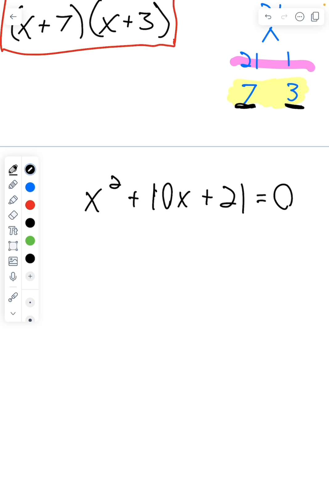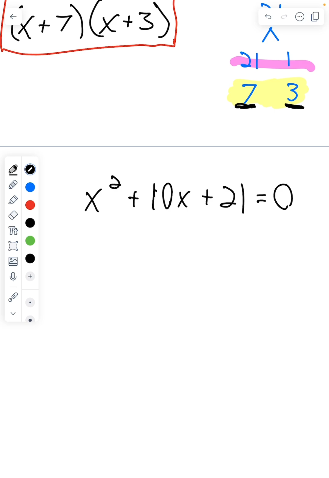And then they say solve for x. Well, at this point right here, it's pretty difficult to solve for x. Like, I don't know what I could plug in here. I could just randomly plug numbers in and eventually figure out what's going to make this equal 0. But if I factor it, it's going to make it much, much easier to solve for 0.